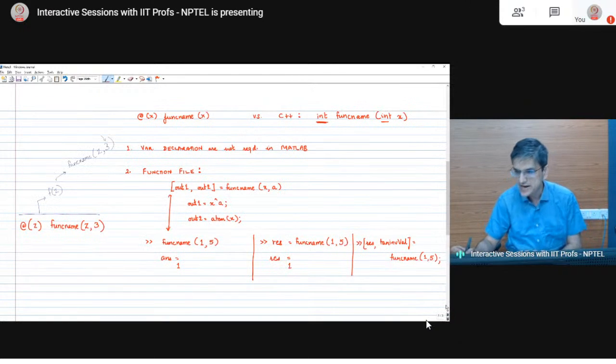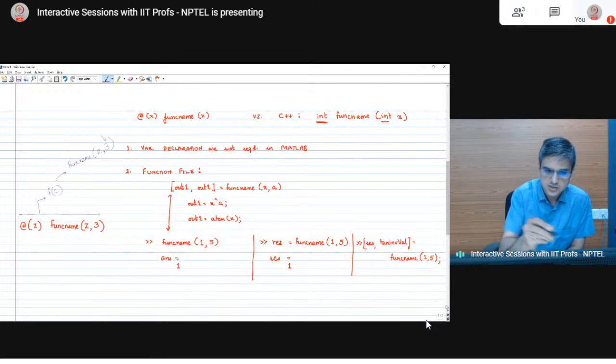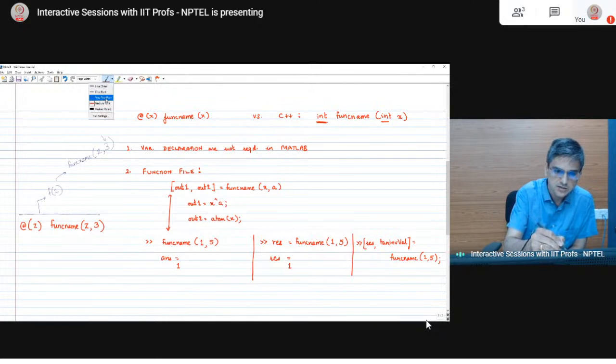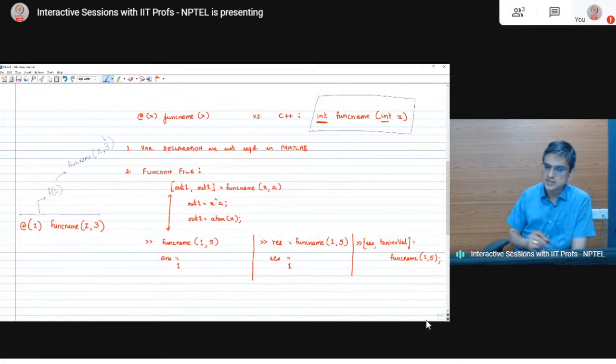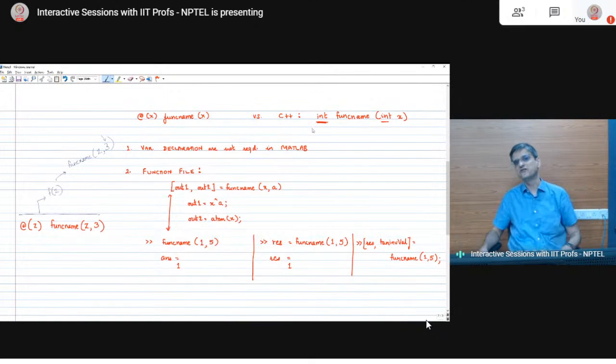If you compare this with C++, you will notice that C++ functions do not give you anywhere close to the flexibility that Matlab functions provide you. Matlab functions are a very flexible tool. Why?